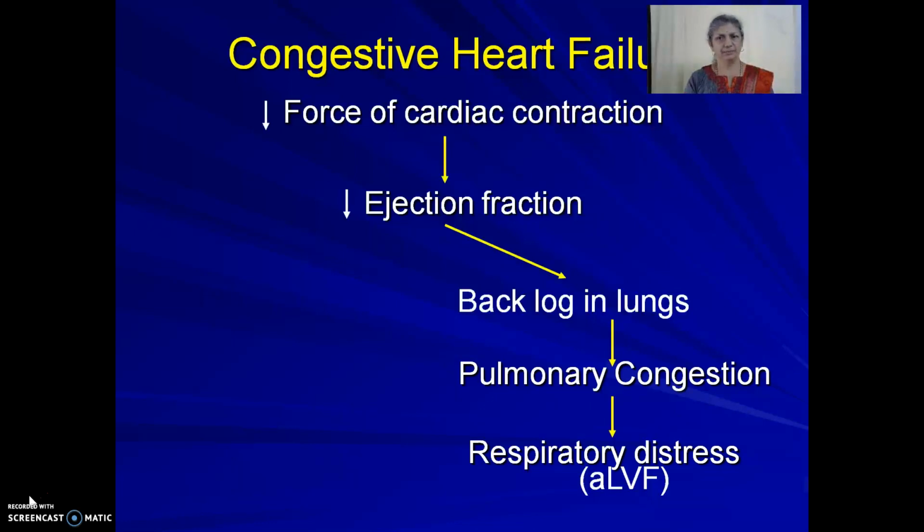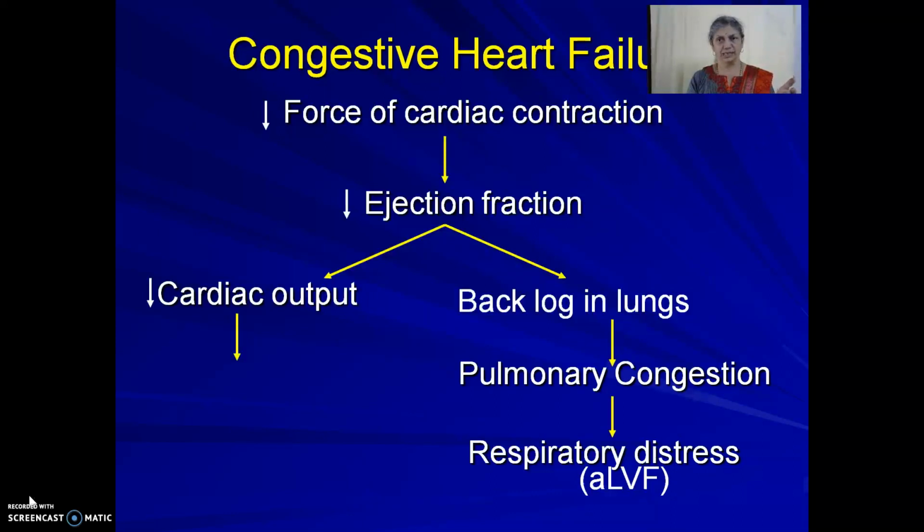Coming back to the basic pathophysiology, that is reduced ejection fraction, the immediate consequence of that is reduced cardiac output. And if you have studied the physiology of blood pressure, you would know that the moment cardiac output goes down, compensatory mechanisms are activated in the body. And what are these compensatory mechanisms?